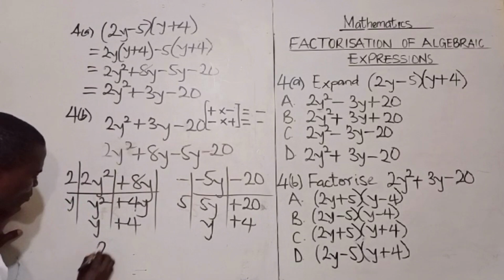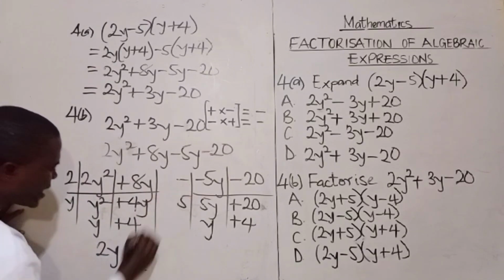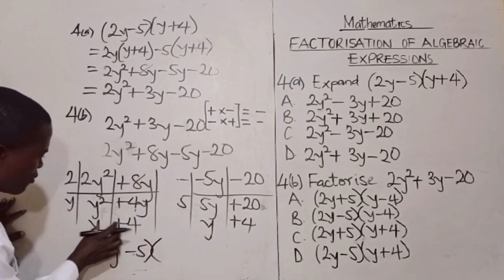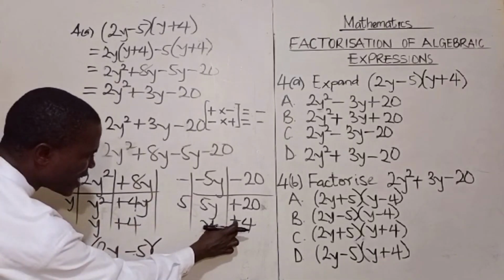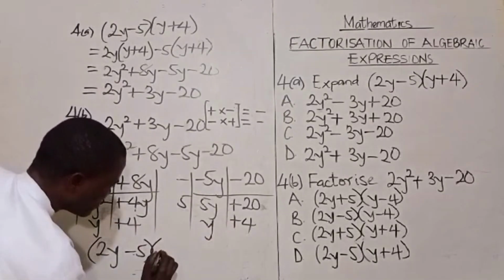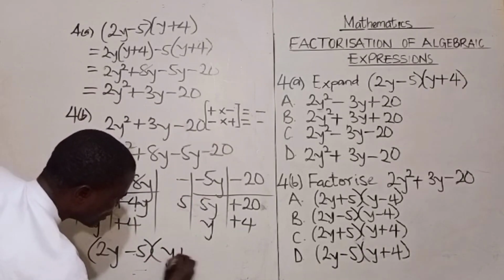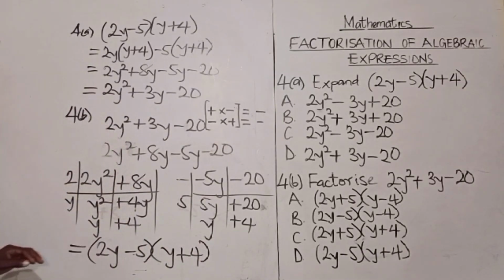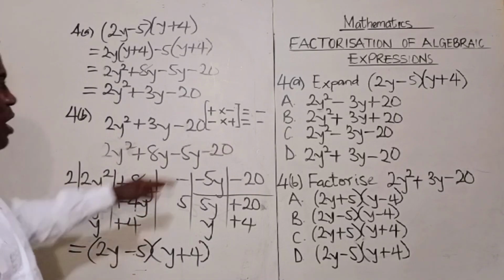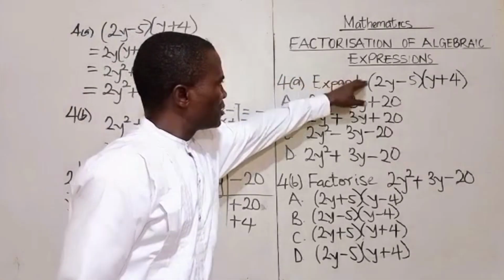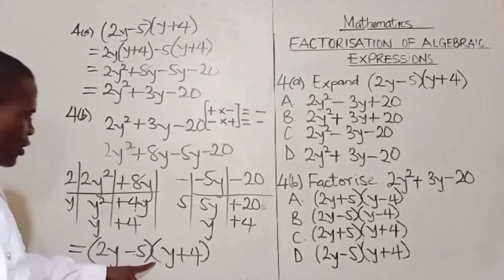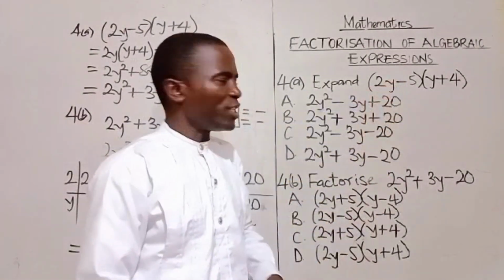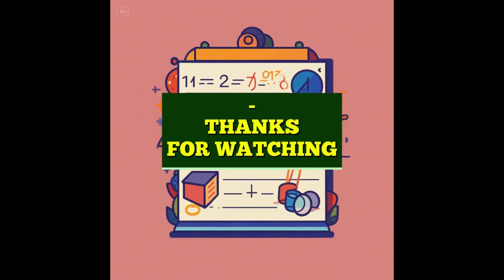It gives us 2y, and the key here minus 5. Then we can pick any of these expressions. They are the same. It becomes y plus 4. So this is the final answer. You can see the journey traveled by expansion has been returned by factorization. That's the beauty of mathematics.